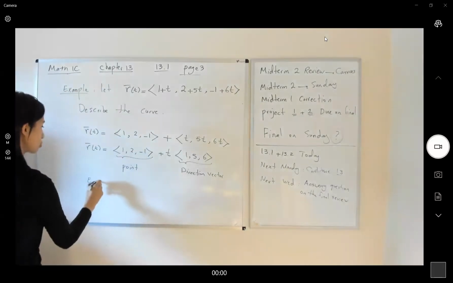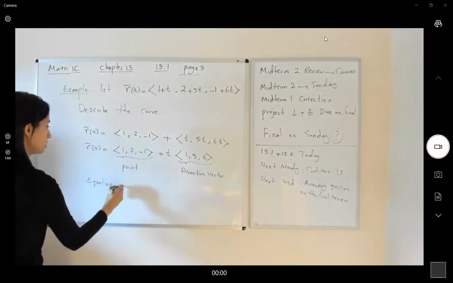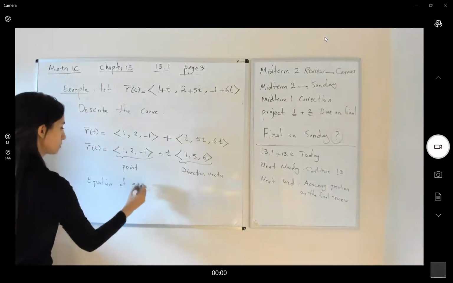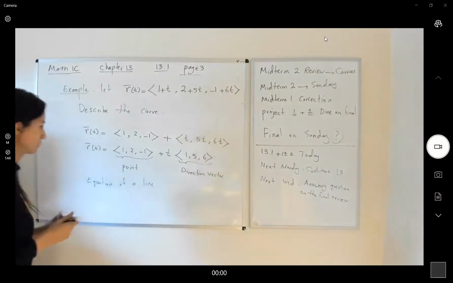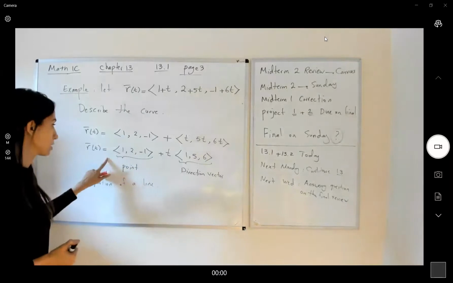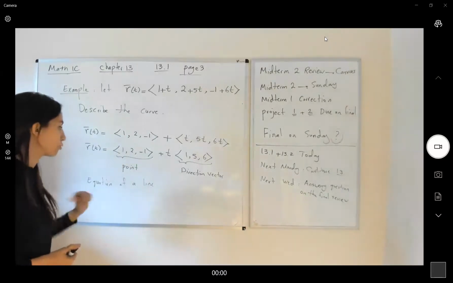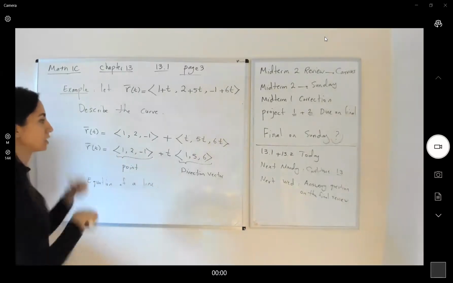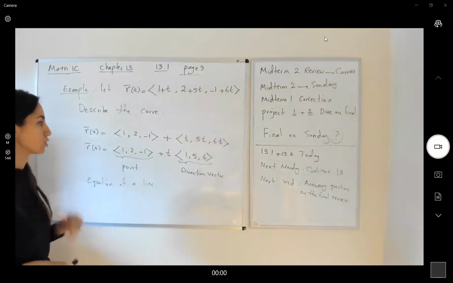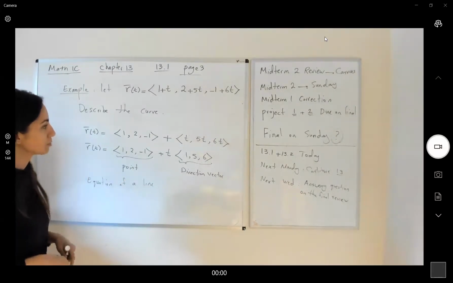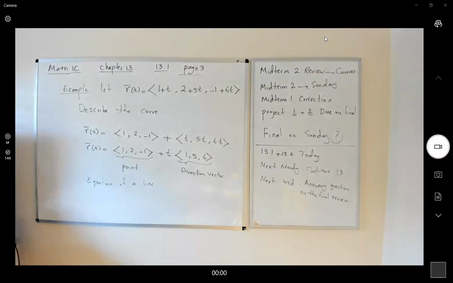So this is actually the vector equation of a line. We can write it as a parametric equation by just rewriting this side as the components.